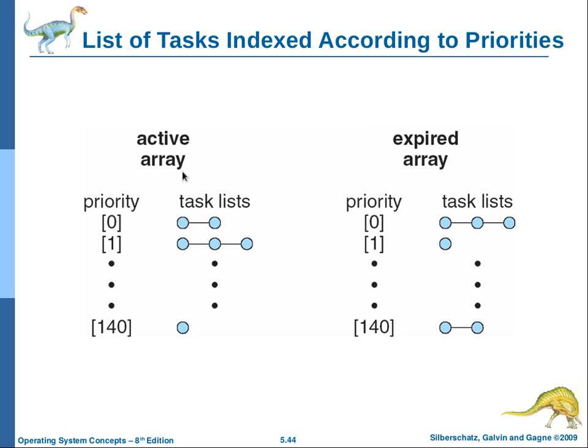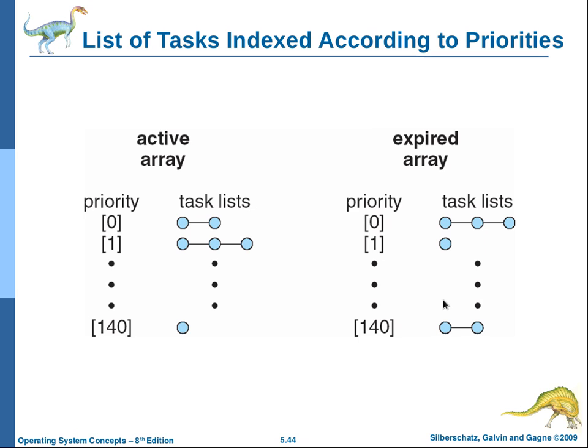It has the active array, what needs to execute next, and the expired array, what has already executed until it's ready for the next jiffy or time section to start executing. So obviously 0 goes first, and then we put it in the expired array, and then move on down. This gets rid of any starvation, because since you have 2 arrays, it has to go through the active array first and then move to the expired array.